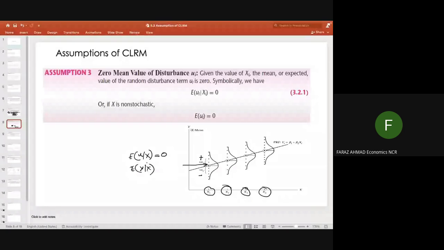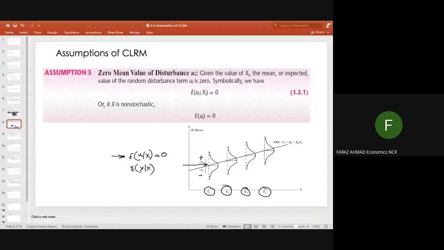The implication is that because we are assuming our PRF to be as close as possible to all this population data, we are in effect saying that the PRF passes through the means, and we know that if you take deviations from the mean itself, they will all add up to zero.